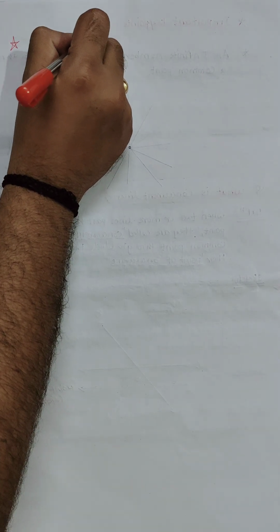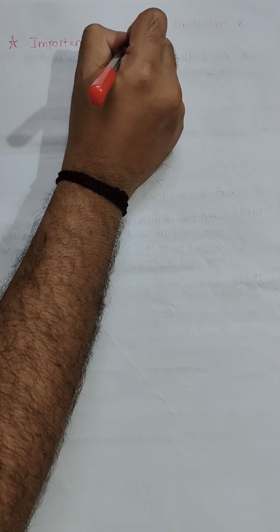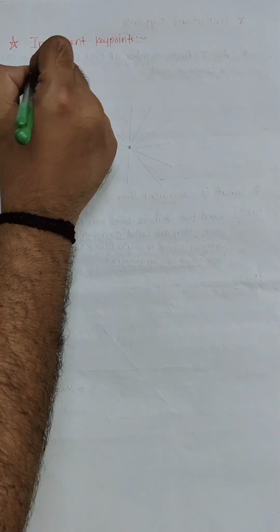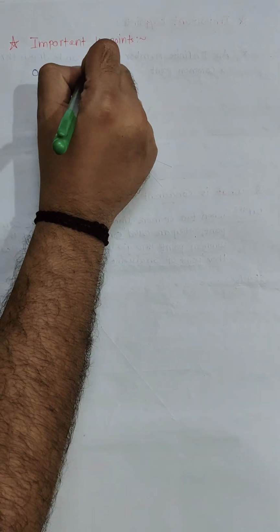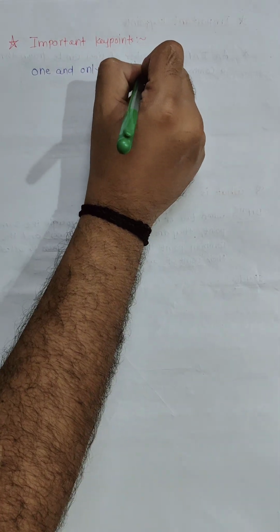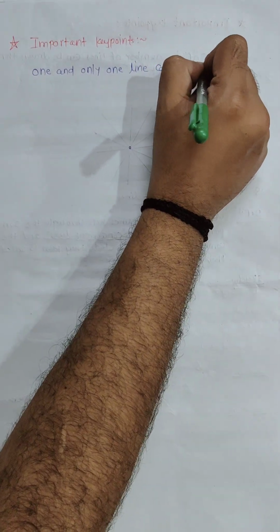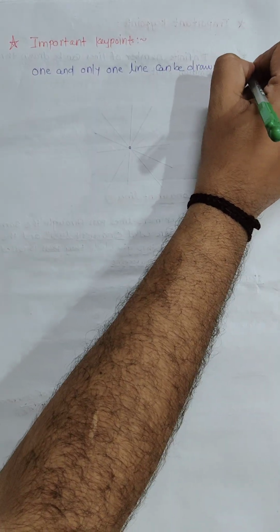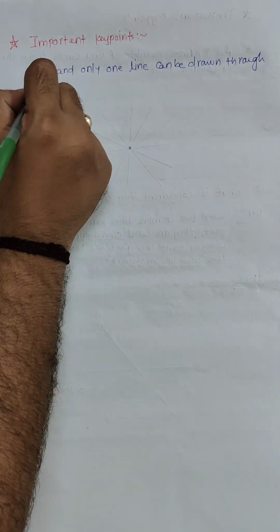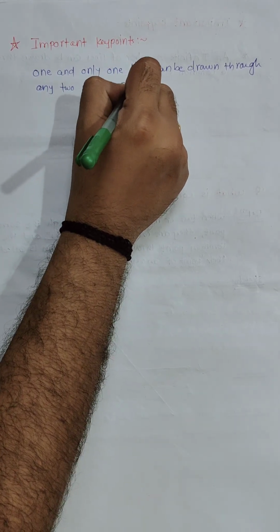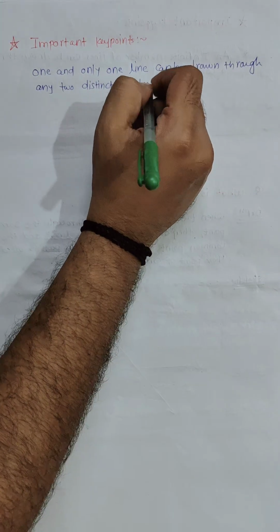Important key point number 2: one and only one line can be drawn through any two distinct points. Figure of this second point is the sketch.